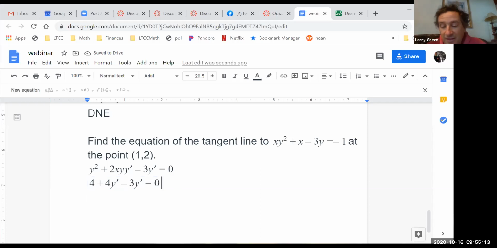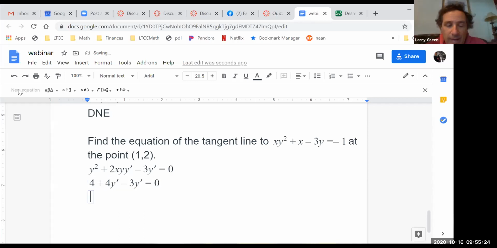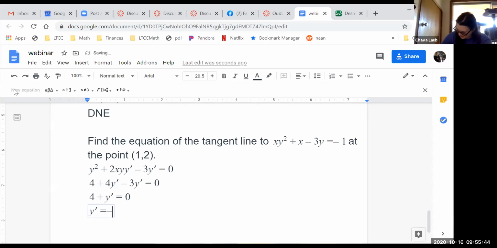And all of a sudden, things are looking really pretty. What's 4y prime minus 3y prime? Yeah, it's just 4 plus y prime equals 0. So what is the derivative? -4. Negative. Good. Derivative is -4.